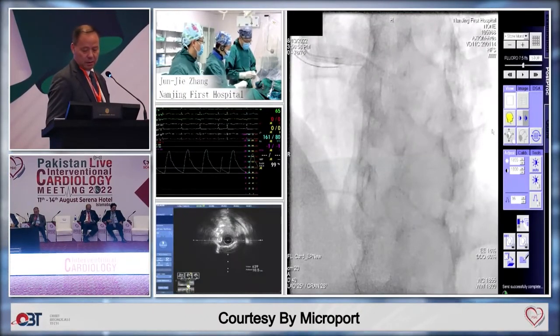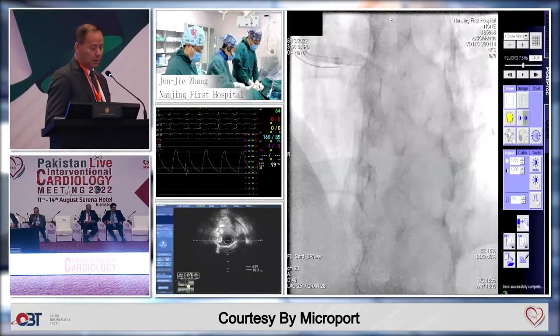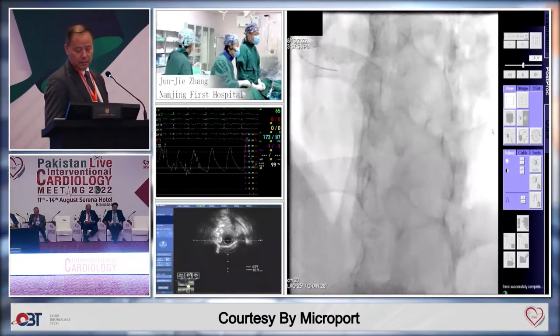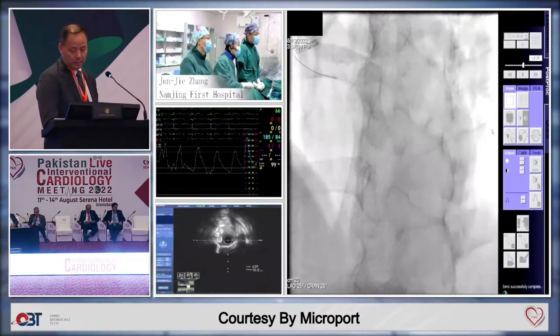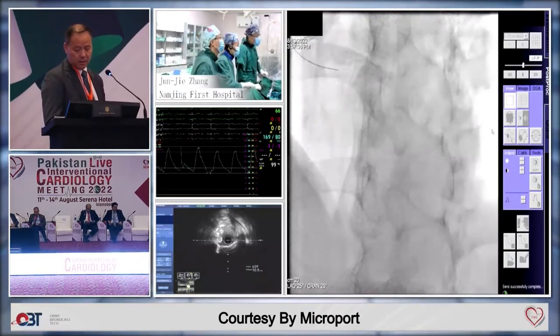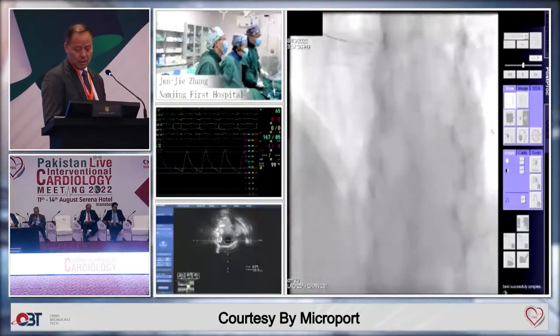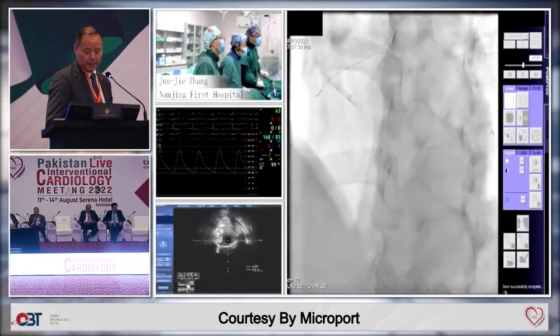Yeah, I just pull the wire into the aorta to avoid guiding catheter injuries to the ostial left main stent. Okay. So I think a spider view will be much better.